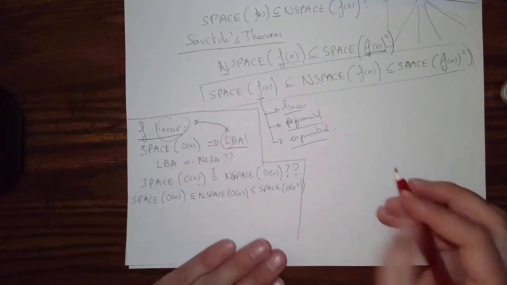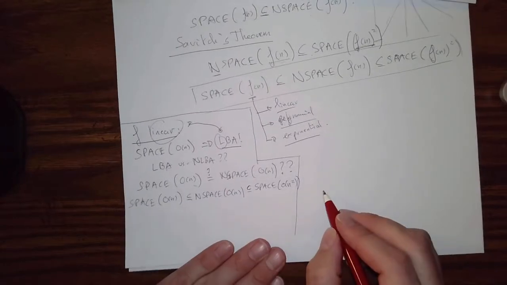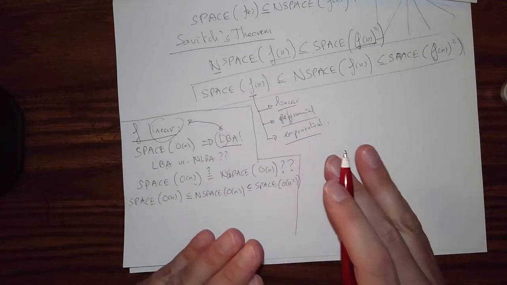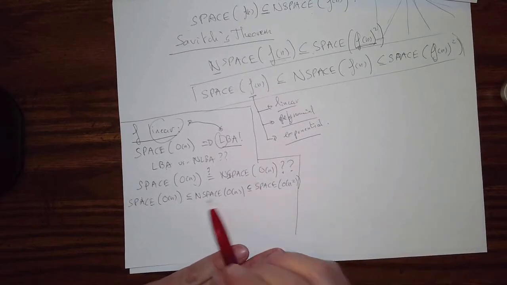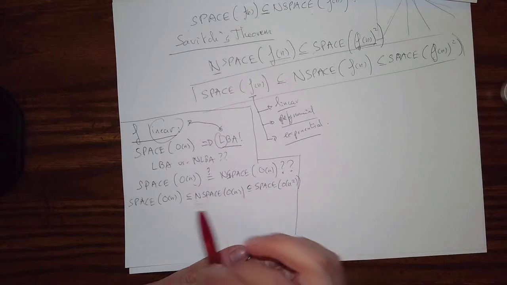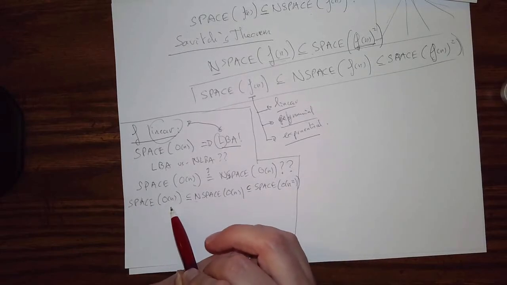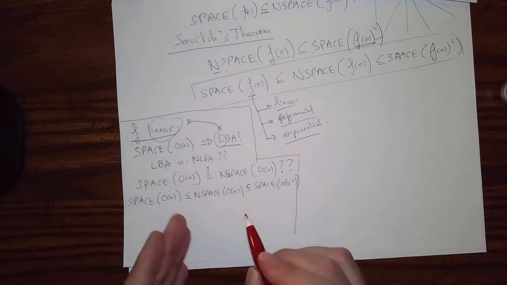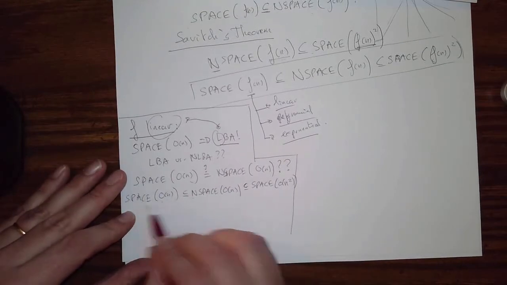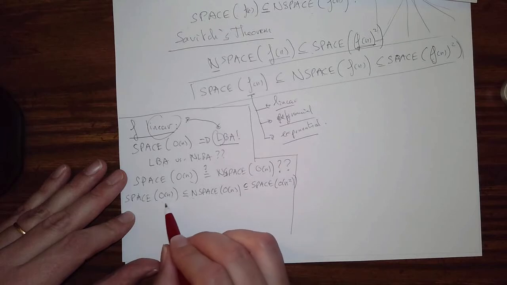Now, when I say that, this confirms that we really can't tell whether linear NSPACE contains more languages than linear SPACE or not. In one scenario, it is equal.